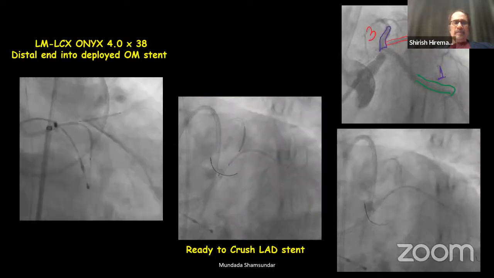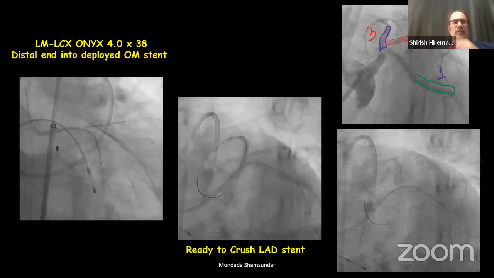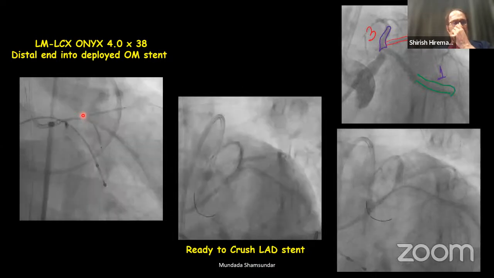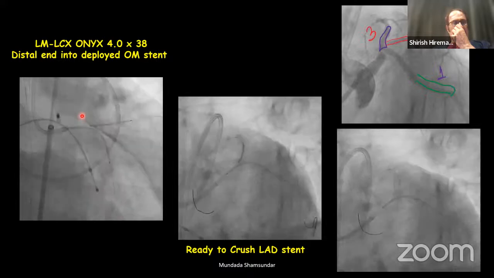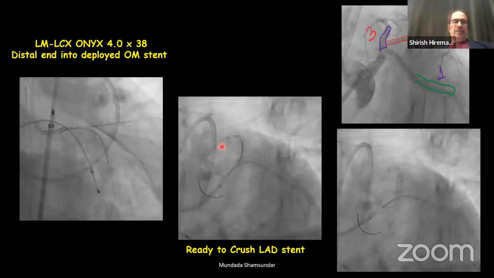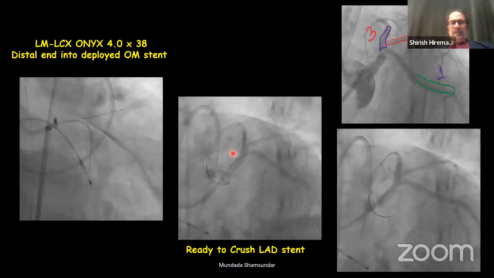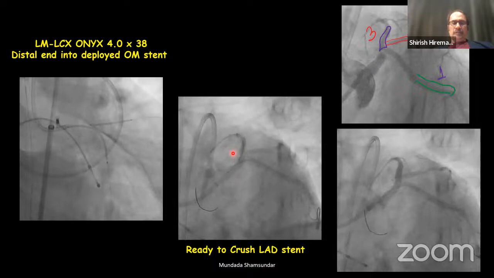Then we are doing a mini crush between the LAD and left main circumflex stent. So the LAD stent is placed at the mouth of the LAD. We take an LAO-caudal view, make sure that we are in good position. And also, sometimes, if the stent protrudes back, it's difficult to take the next stent towards the circumflex.